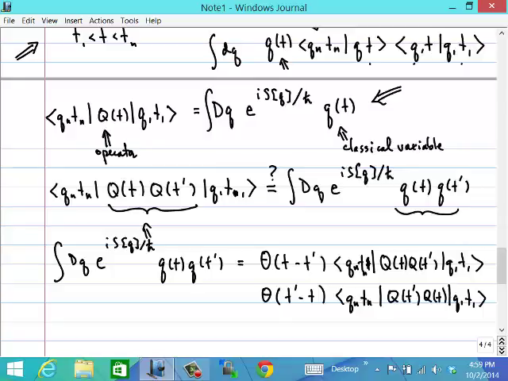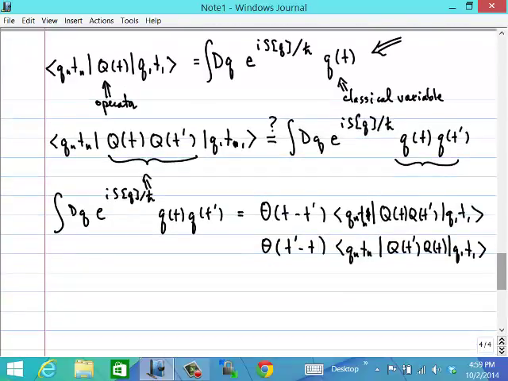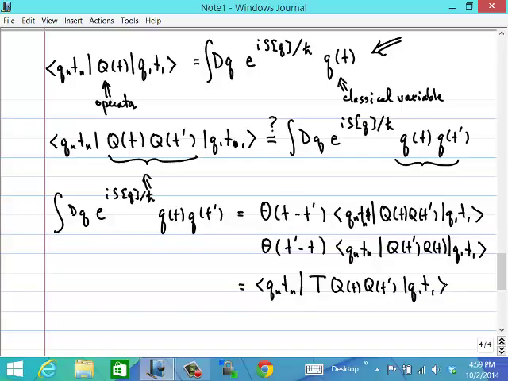Now, we had a name for correlation functions where you have to order the operator so that the later operator always happens on the left. We call those time-ordered expectation values. Okay. So you see that in the path integral formulation, the correlation functions that you compute are actually time-ordered correlation functions.